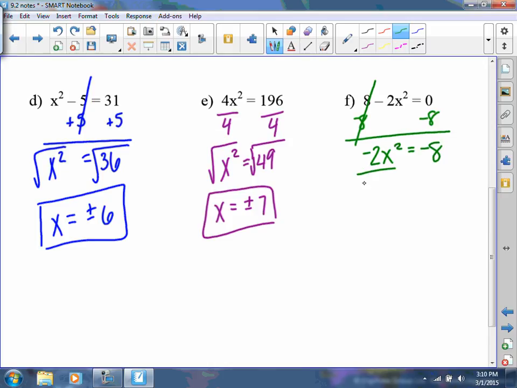Then I'm going to divide by the negative 2 so I can get the x squared by itself. So x squared equals, a negative divided by a negative is a positive, so that's positive 4. And now that the x squared is by itself, I can take the square root of both sides. Since the 4 is not negative, I can take the square root of it, and I'll get 2, plus or minus 2.